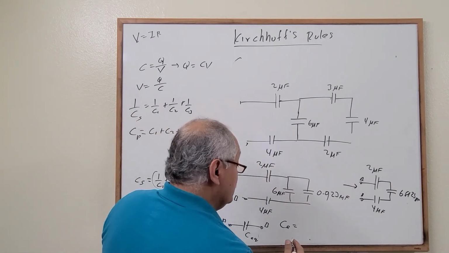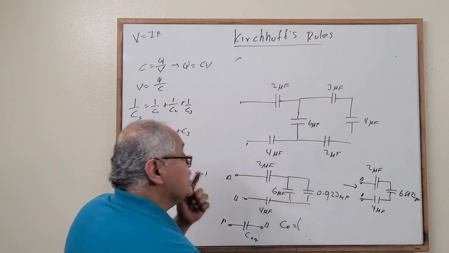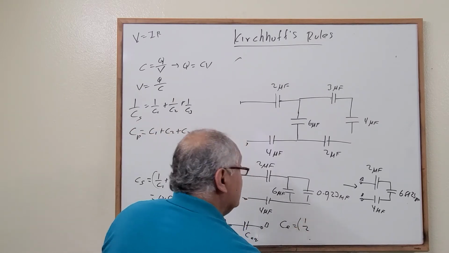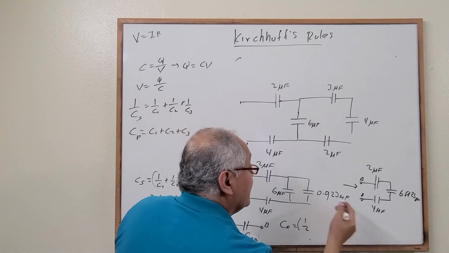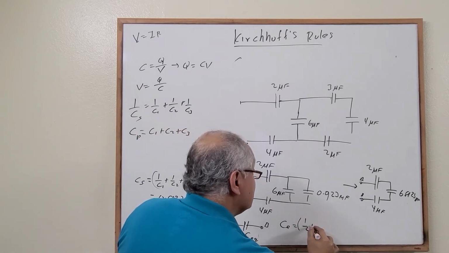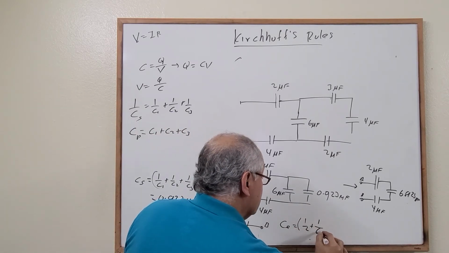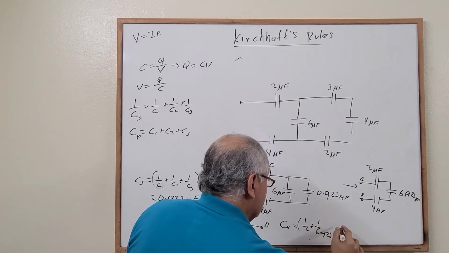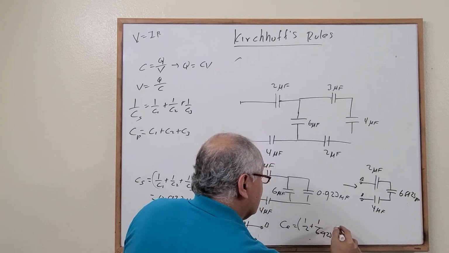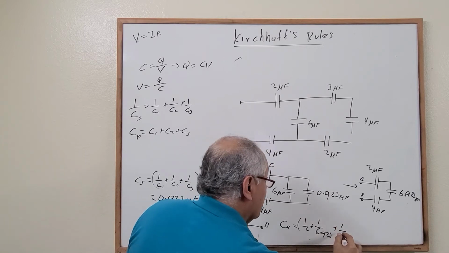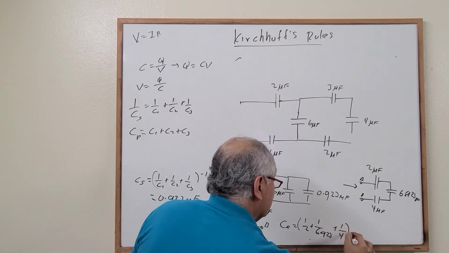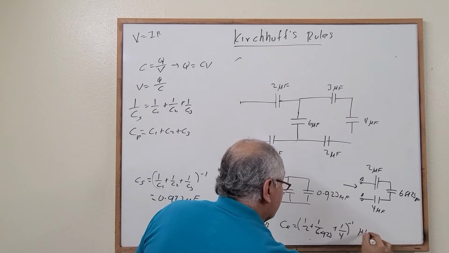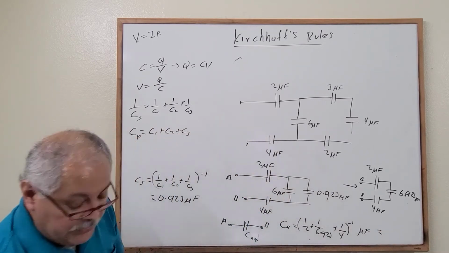1/C equals 1/2 microfarad plus 1/6.923, correct. What else? Plus 1/4, right? Inverse. Everything is in microfarad. Okay, let's do it.